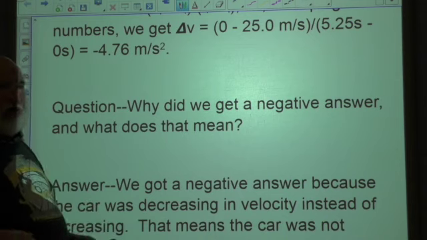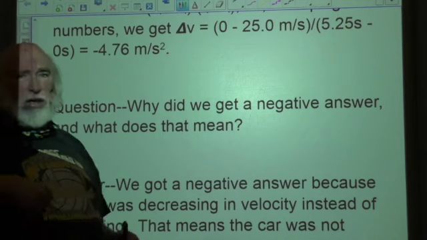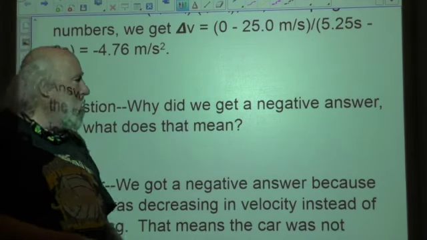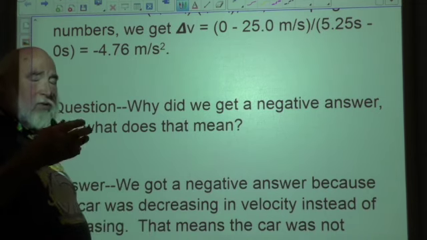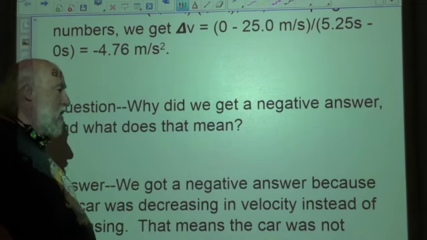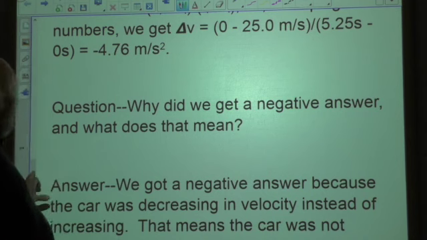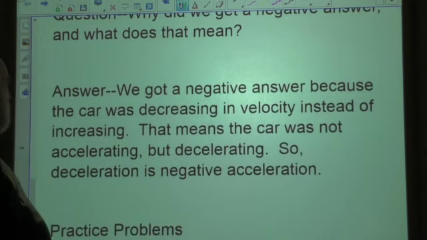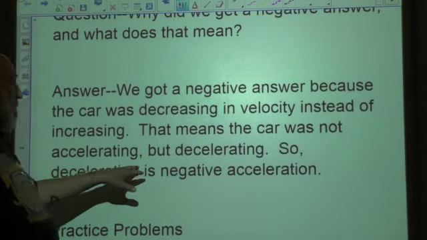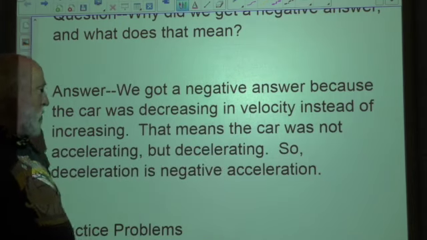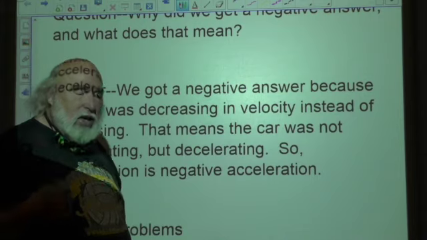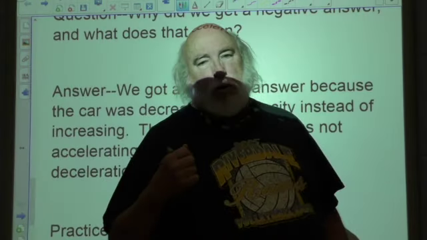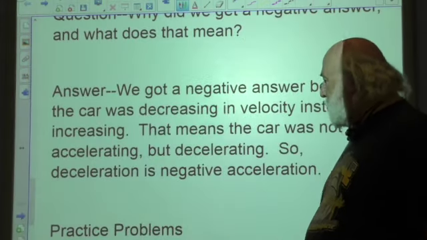So if we are establishing a positive value as being an increase in velocity, then a negative value is a decrease in velocity. So we have a special term for that, and that term is deceleration, or decelerating. So deceleration is negative acceleration. It's calculated exactly the same way, but you are going to end up with a negative value.